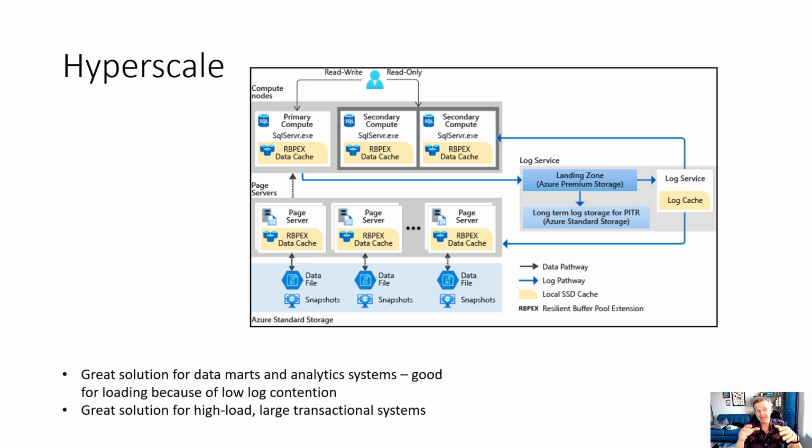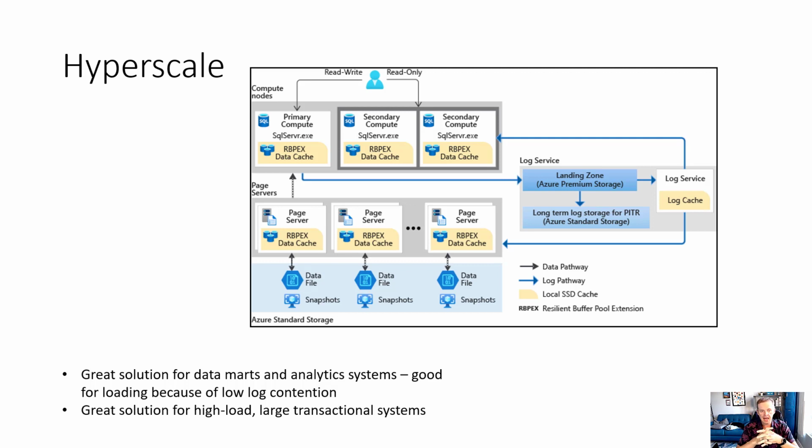Now, what it looks like to me, and I'm not a Microsoft employee, is they separated the execution engine and they call that compute nodes, and they scale those compute nodes separately. And then they separated that from the storage engine, which they call page servers, and they scale those separately.